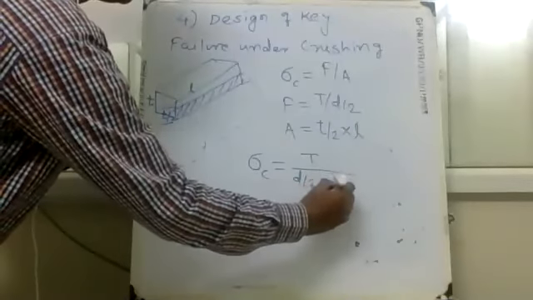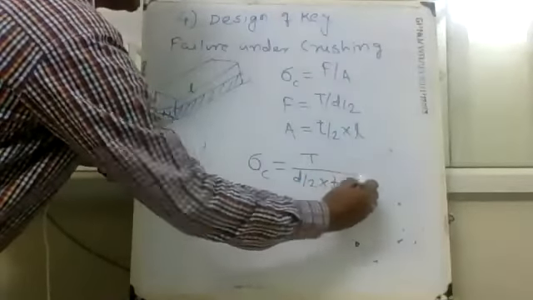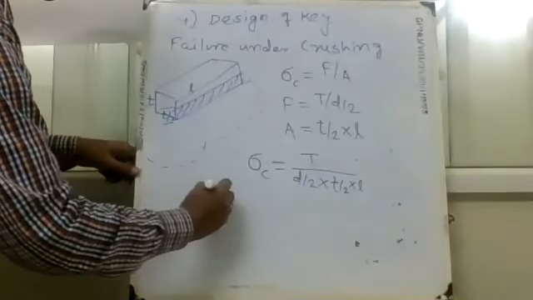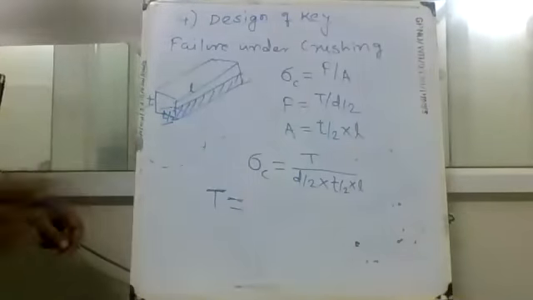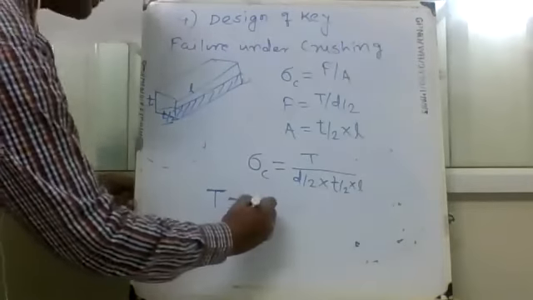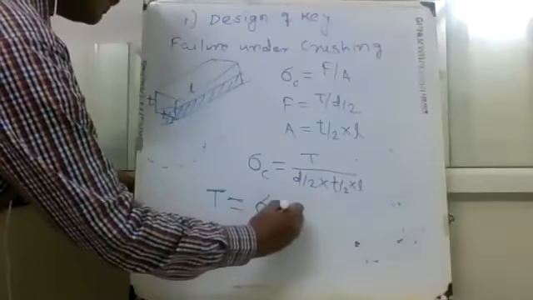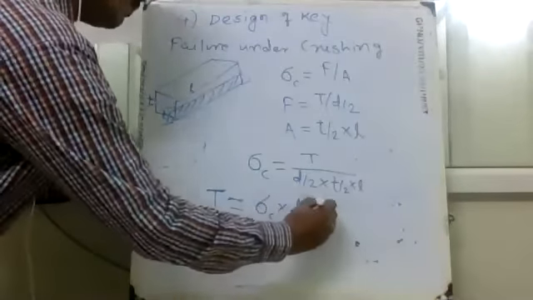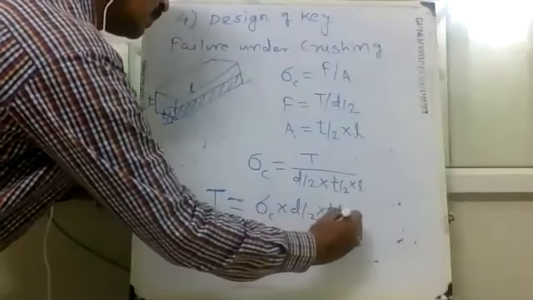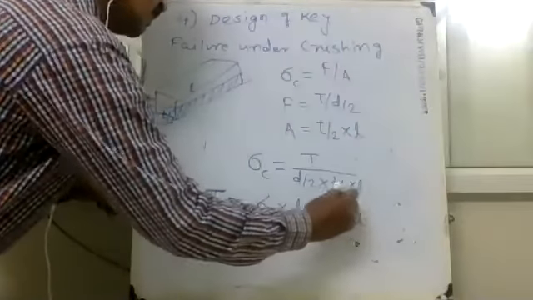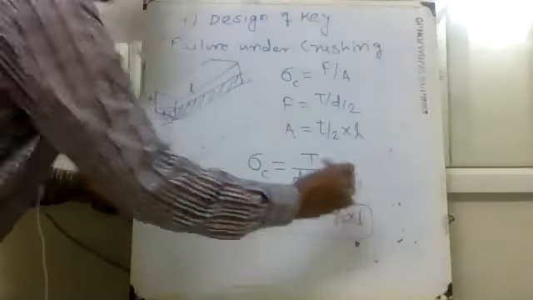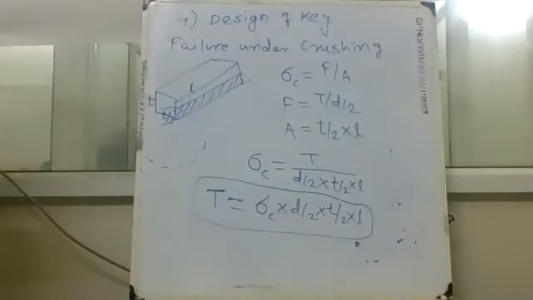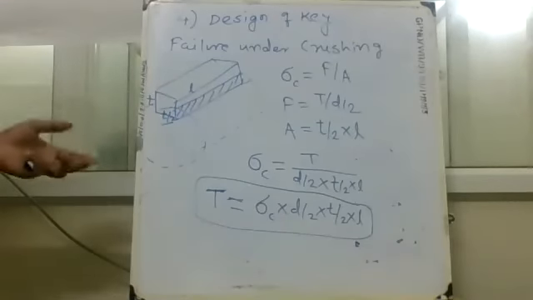Again there is the area, so T by 2 into L. So finally the equation of our torque that can be found like this: crushing stress multiplied by d by 2 multiplied by T by 2 multiplied by L. So this is the equation that we generally consider for the crushing failure of key.